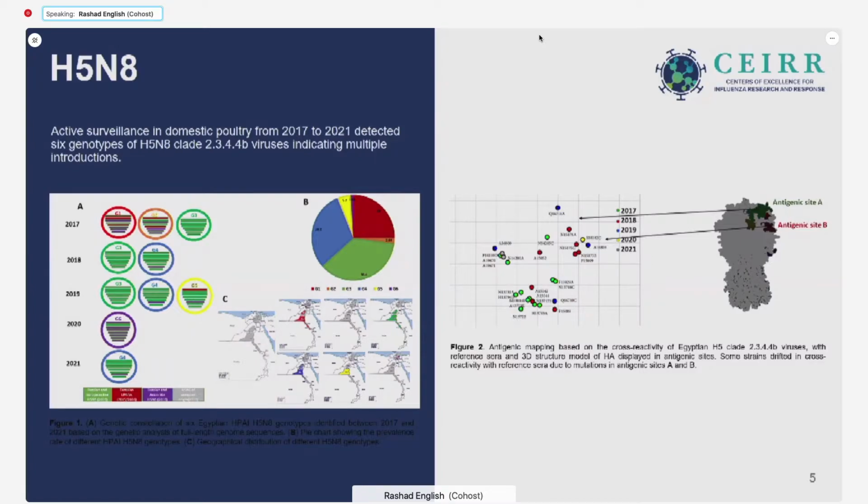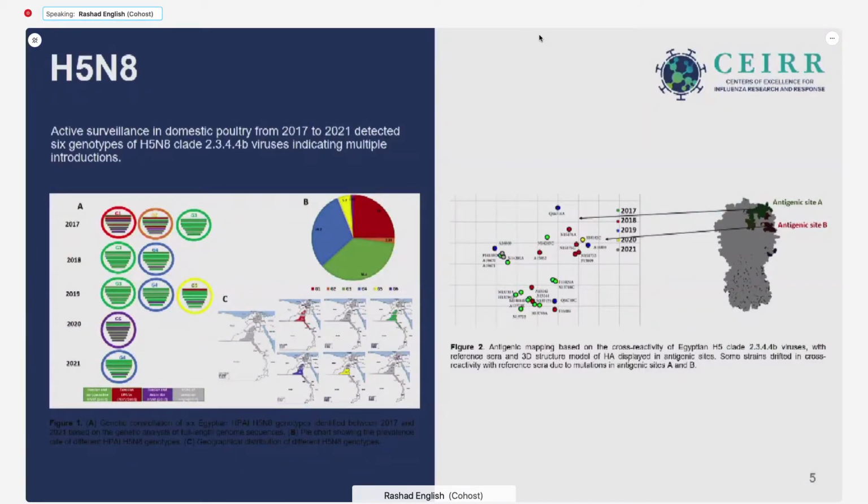When you look at the antigenic characteristics, even within the same year, you find antigenic variations, and this is of concern because the use of vaccine is still practiced in the country. So the vaccine selection for the poultry is becoming really complicated.